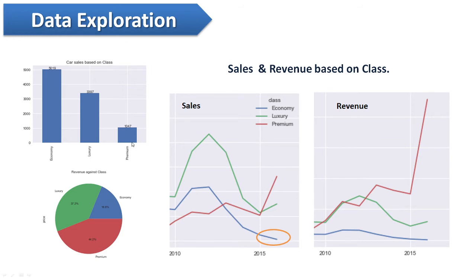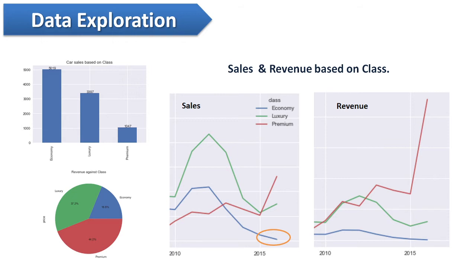Though premium car sales are very low, they take the first position in terms of revenue. This is a very considerable observation. Obviously we need more revenue rather than selling more cars. Of course, these are correlated with each other, but these are the observations so far.